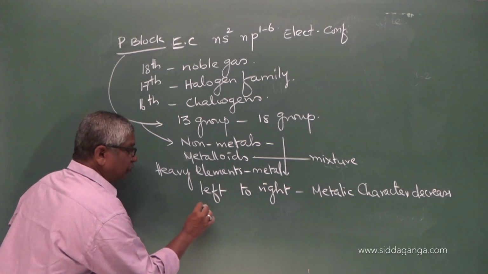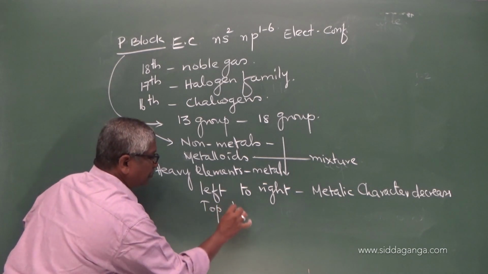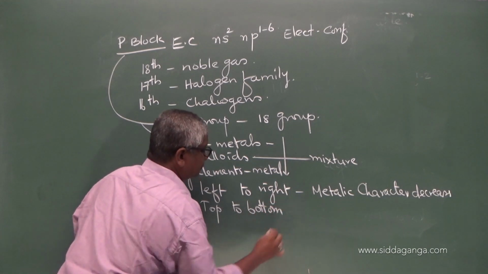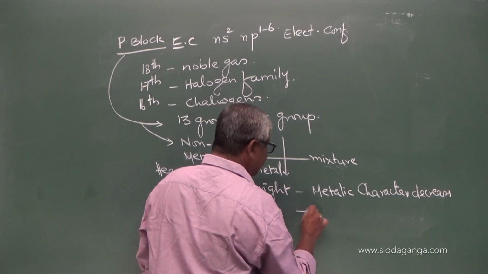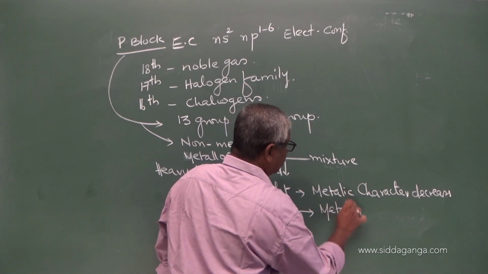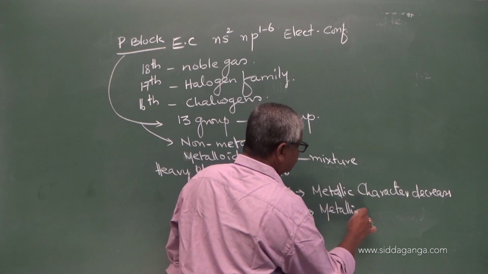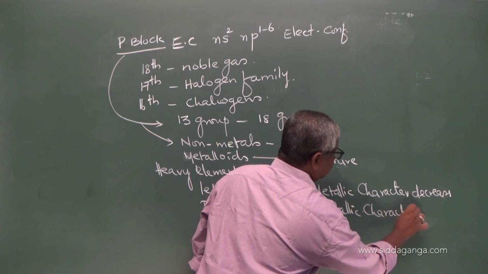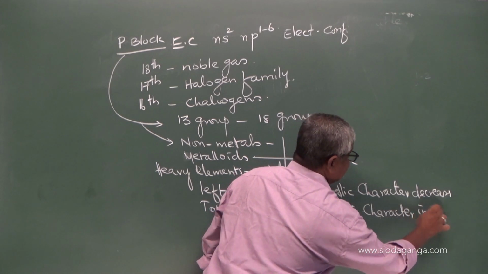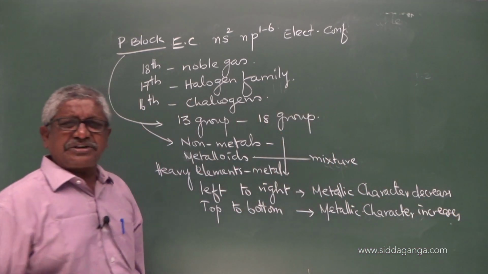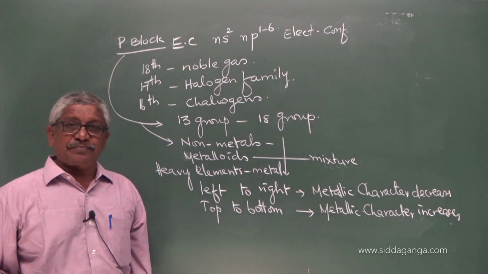Suppose if we move top to bottom, metallic character increases. So this is about the introduction to the P block.